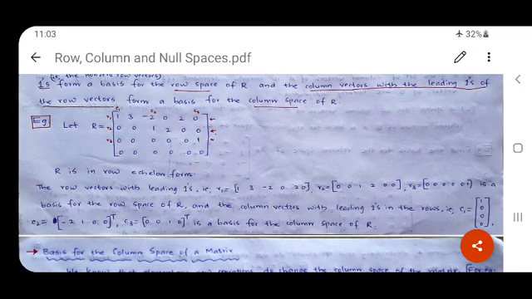Then the second one occurs in row 2 at third place, so the third column is the second basis element, minus 2 1 0 0, and the next leading one occurs at the sixth column. So the sixth column is the third basis element, 0 0 1 0. So they form a basis for the column space of R.